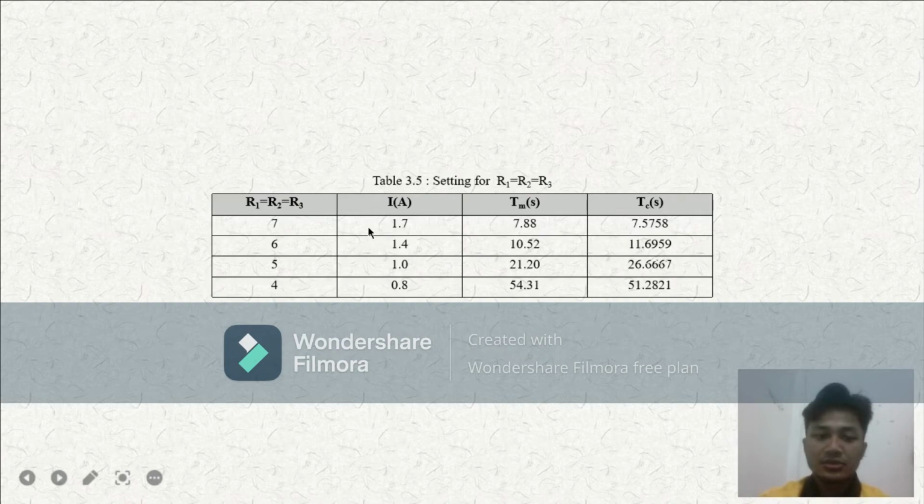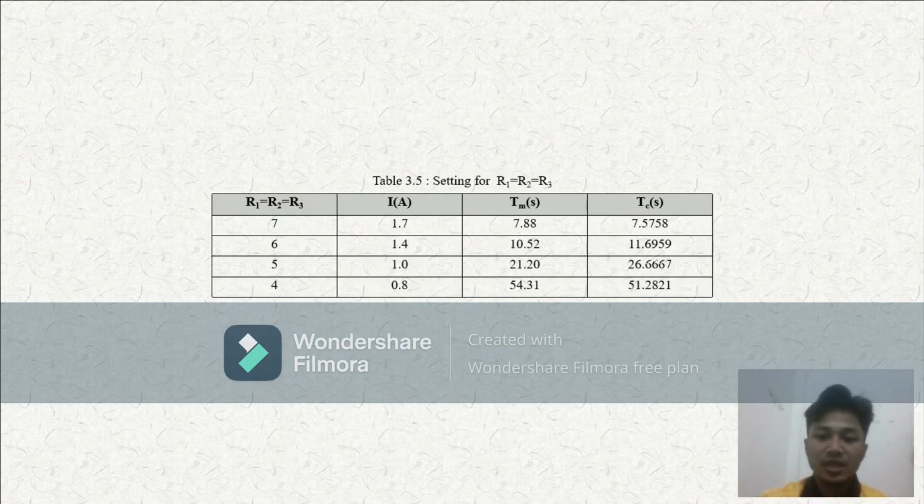By the decrements of R, we can see here that I also decreases. TM is the measured trip time, and TC is the calculated time to trip.